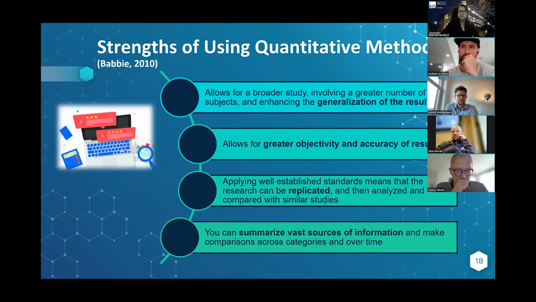So as closing remarks about quantitative research, the strengths that we find in this kind of approach are that it will allow for a broader study involving a greater number of subjects and enhancing the generalization of the results. This is a plus. Then it will allow for greater objectivity and accuracy of the results because of the operationalization, the reliability and validity of the tests that you are using.